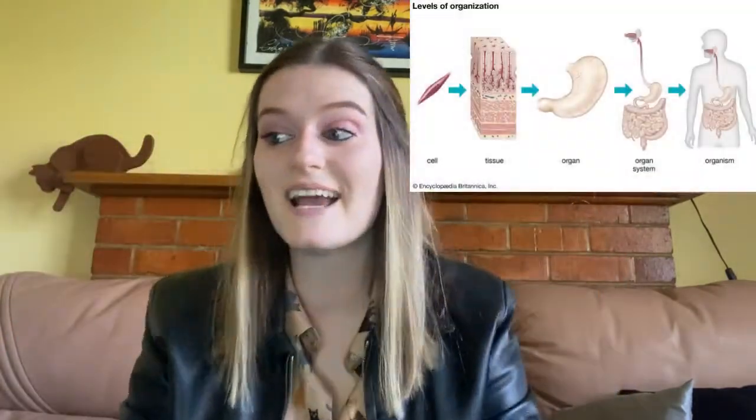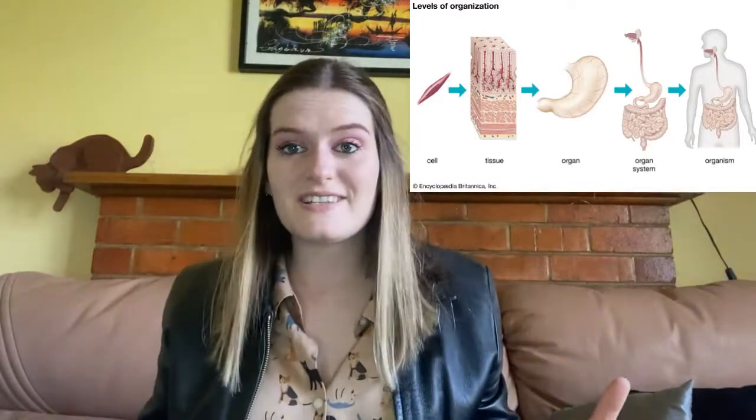So that's the thing. We start off with lots of cells which are the same. These same cells group together to form tissues, and they can be 4 types of tissues. Then when 2 or more of these tissues go together, we form an organ. And when we have multiple organs, so 2 or more organs together in a group, we call it a system. And the highest level, the biggest level of organization, is called an organism.